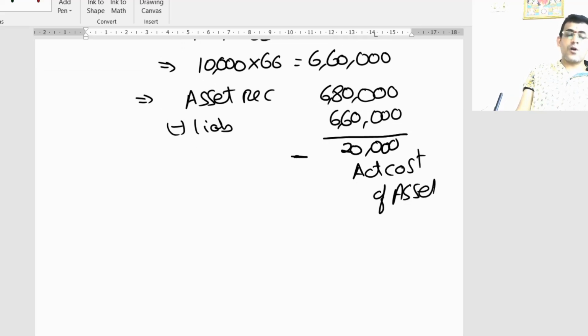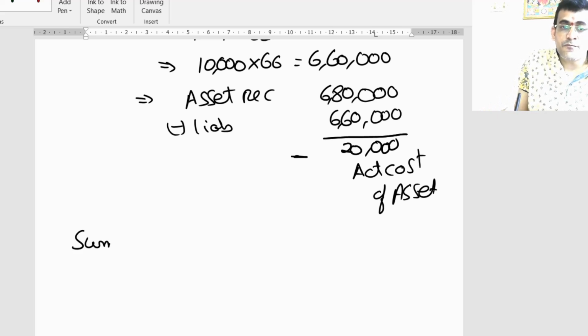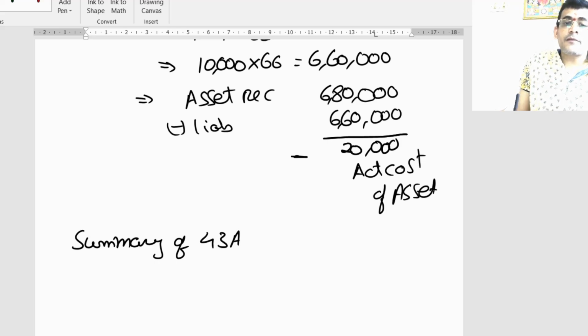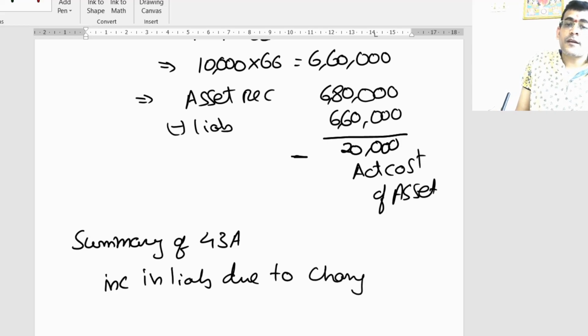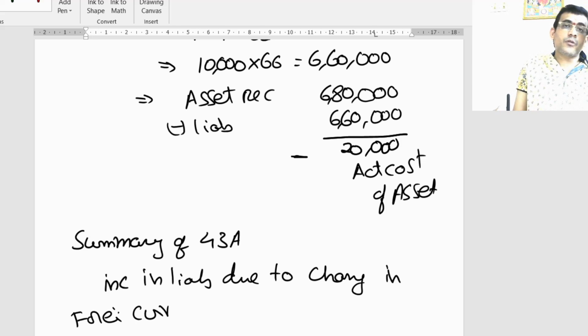That is the summary of something called 43A. To summarize, what is the summary of section 43A? It is very simple. Whenever your liability increases due to change in foreign currency, earlier at the time of acquisition 1 USD is equal to 68, at the time of payment 1 USD became 70, so due to the foreign currency my liability increased.